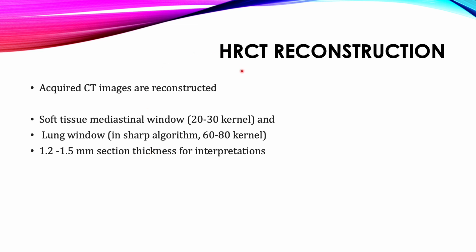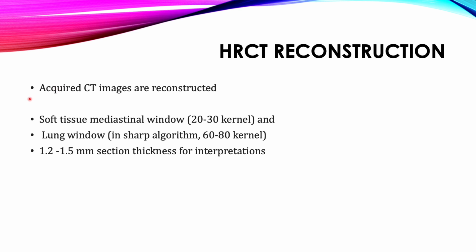So nowadays we do not need a separate HRCT acquisition in most scanners. All the acquired CT images in a non-contrast CT can be reconstructed to give us an HRCT configuration, right? So a 60 to 80 kernel reconstruction becomes high resolution CT. So you do not need to ask for sequential mode CT again. But there are certain scanners where it may not be available, and so it may have to be reconstructed.